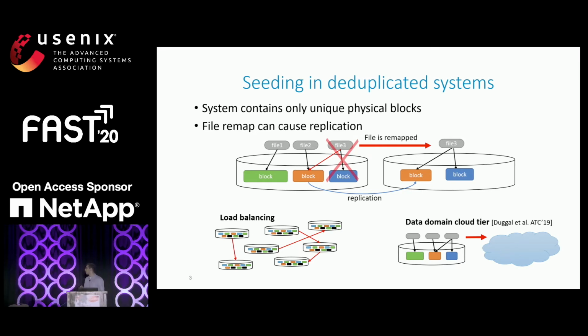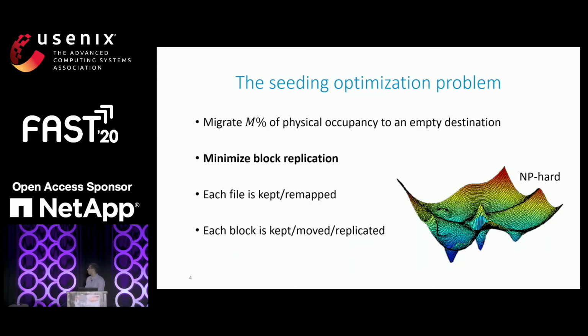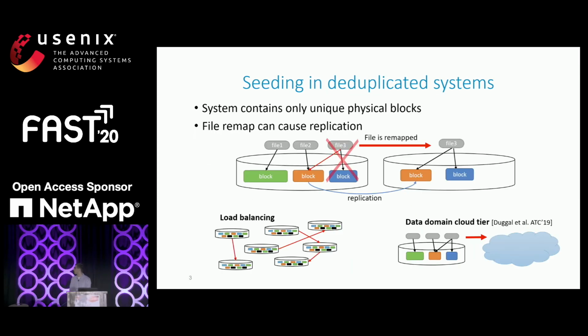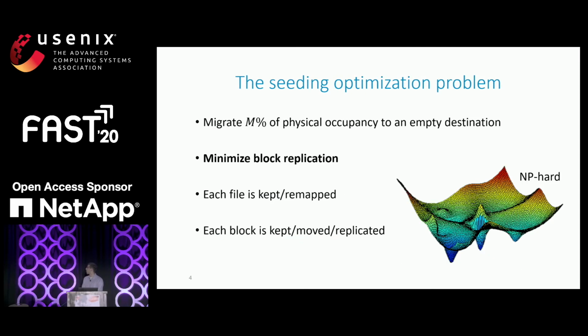Let's say we have some on-premise storage system and a cloud tier, and we want to clear some space on the on-premise storage. So picking the right files can be very essential in order to get good results.